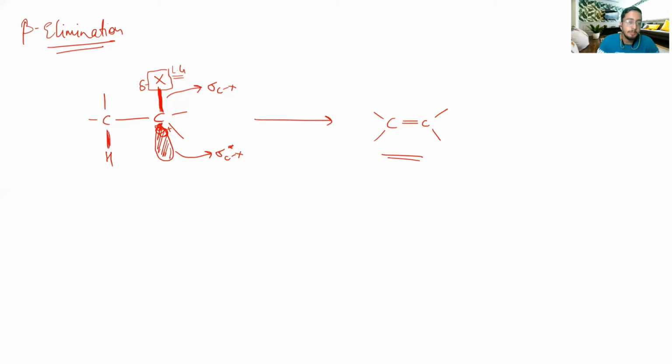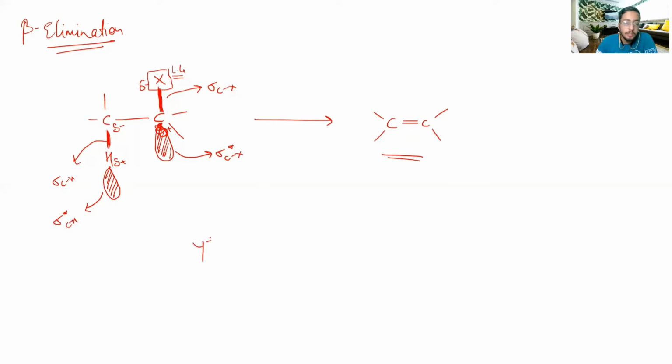Similarly, this is the bonding orbital of the CH bond, sigma CH, and because hydrogen is more electropositive as compared to carbon, in this CH bond carbon has a delta negative charge and hydrogen has a delta positive charge. Therefore, its anti-bonding orbital lies toward hydrogen, and this is the sigma star CH.